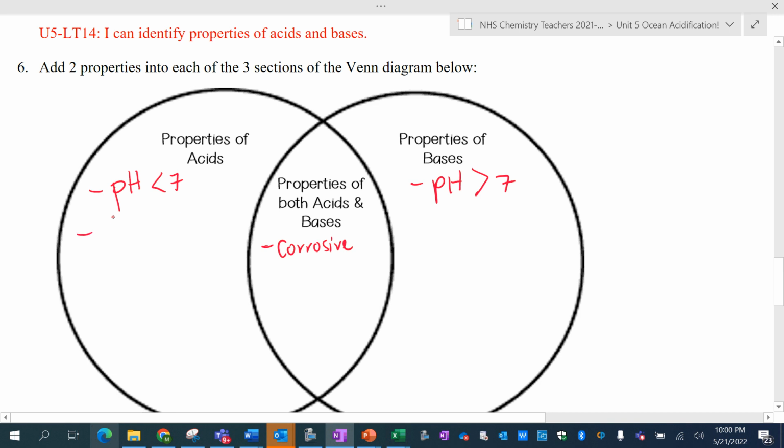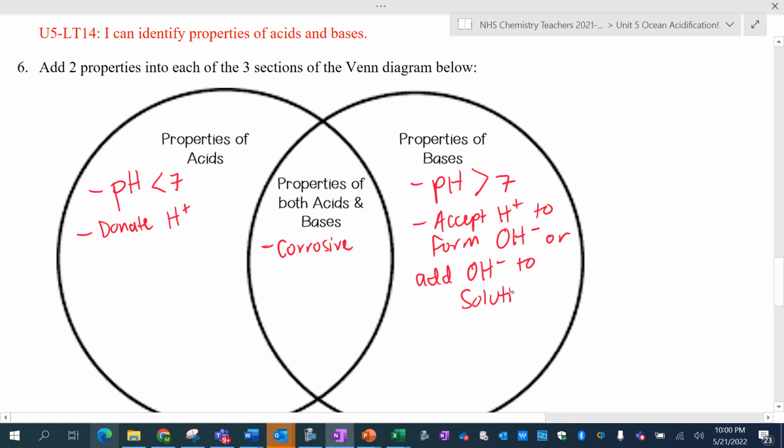We know that acids donate hydrogen ions, while bases accept H plus to form OH minus, or add OH minus to solution. So it's a different ion. Both add ions to solution.